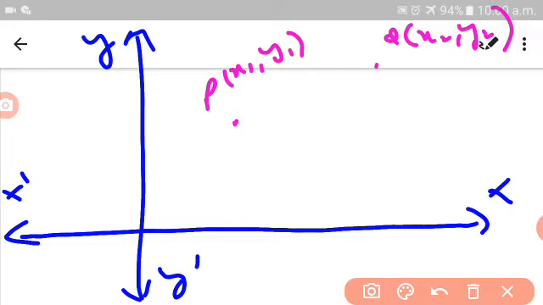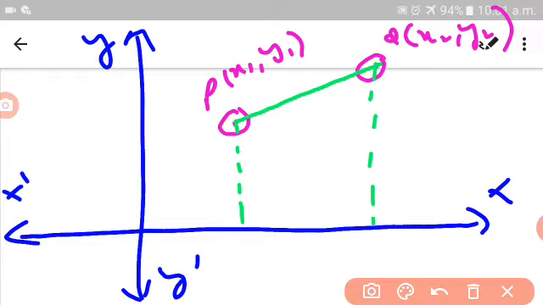Okay, so when we join these 2 points, we are having a line segment, that is PQ. We want to find the distance between P and Q. So what we'll do now is draw a perpendicular from here and a perpendicular from here down towards the x-axis.